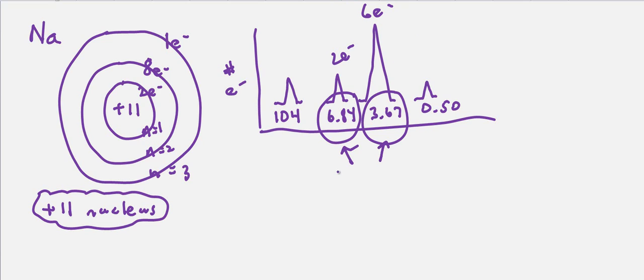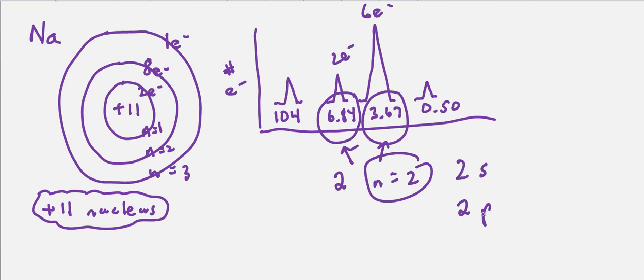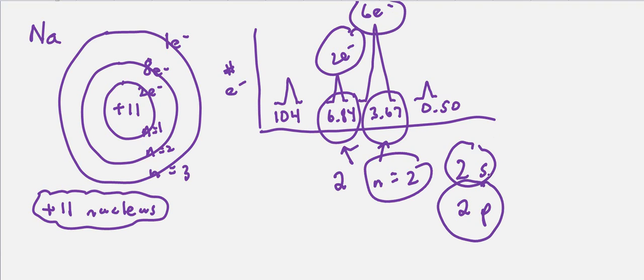This is an indication that we have 2 different sets of energy at n equals 2. This corresponds to our 2s electrons and then our slightly higher energy 2p electrons. The peak of 2 electrons is the 2s. This peak with 6 electrons in it would be representing our 2p sublevel at energy level 2.